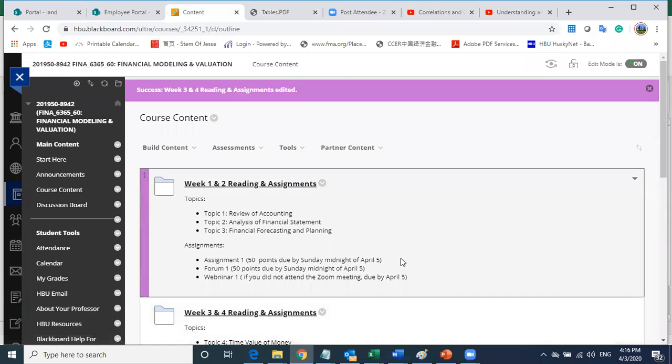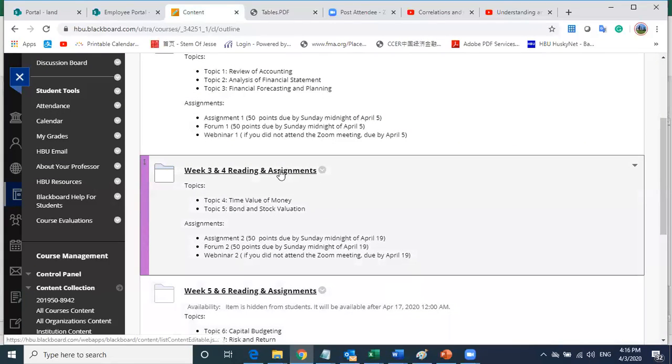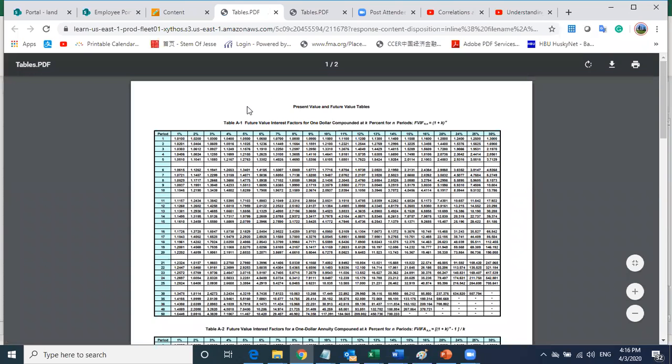So from my side, now you can see, right? You have the electronic book chapter, and this is the appendix table. This is the table I just showed you.